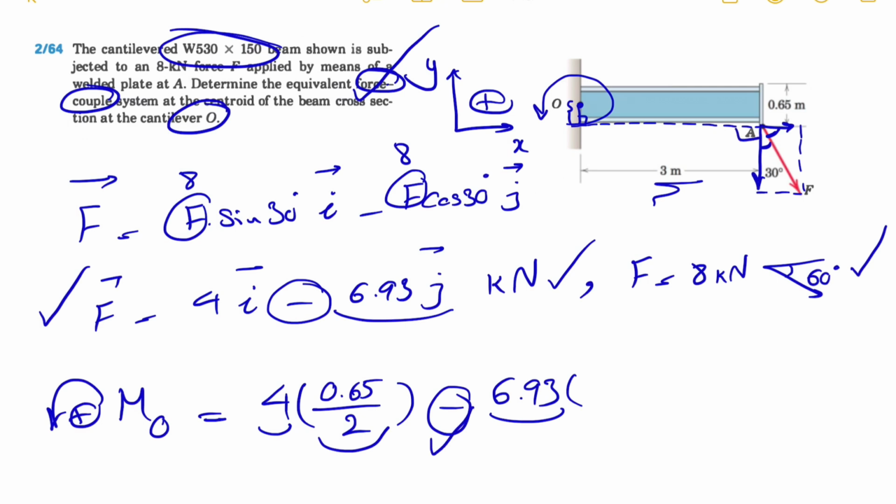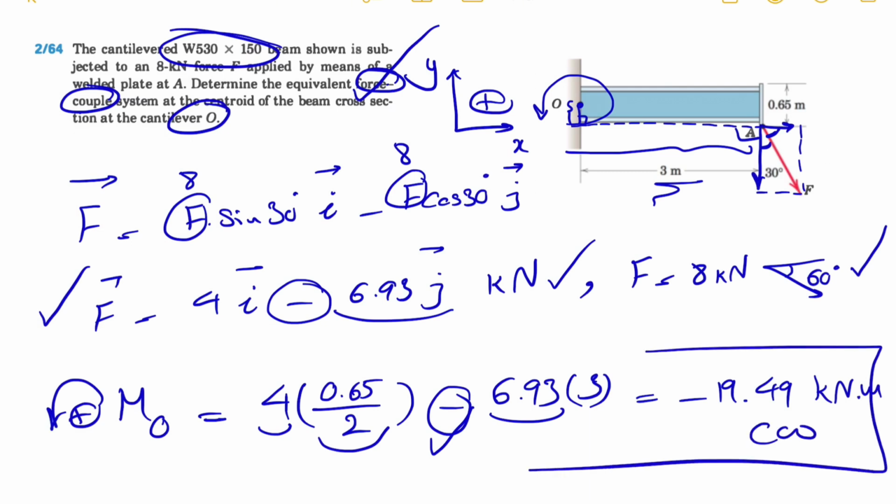The distance would be from here to here, which we know is 3. If we calculate this, we get minus 19.49, and this will be kilonewton meter. The negative sign shows the moment is clockwise, and that would be our moment part of the force couple system, and pretty much the final answer for this question.